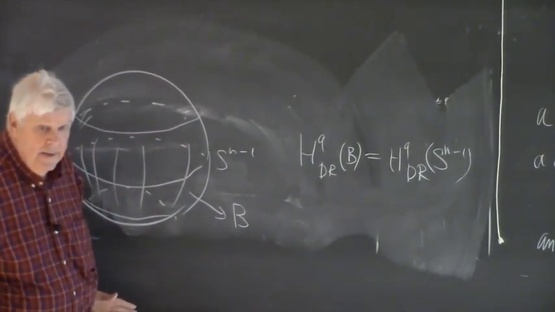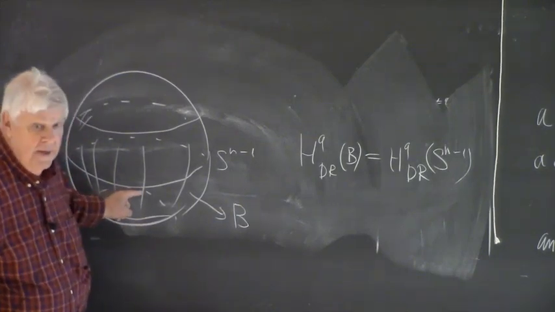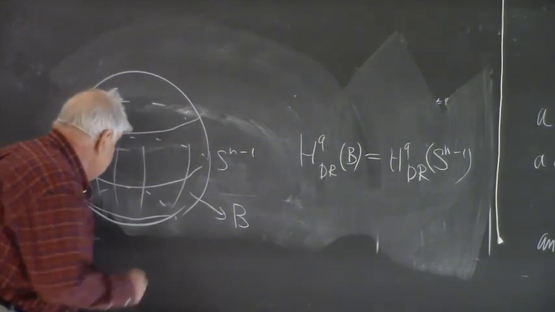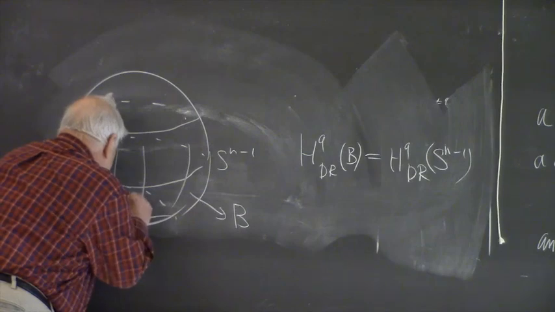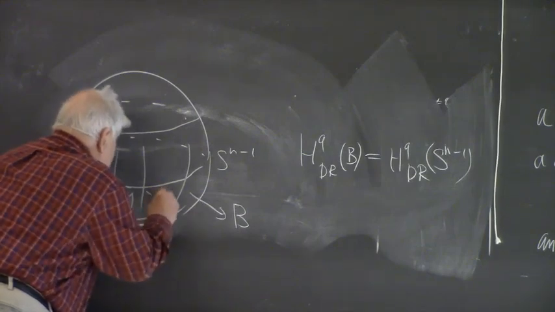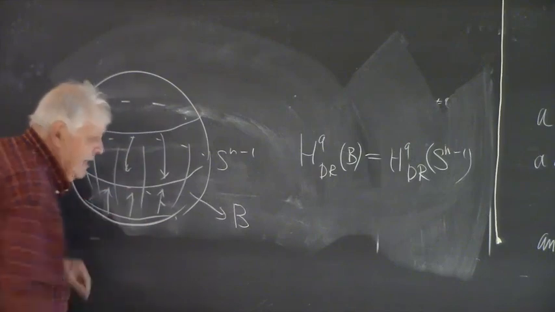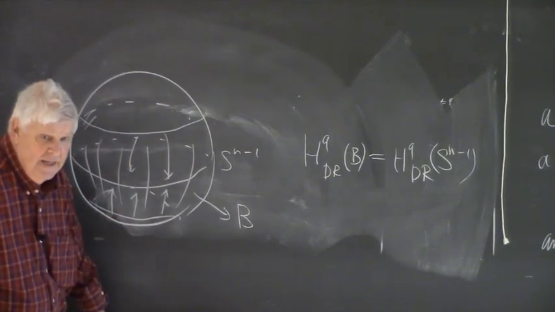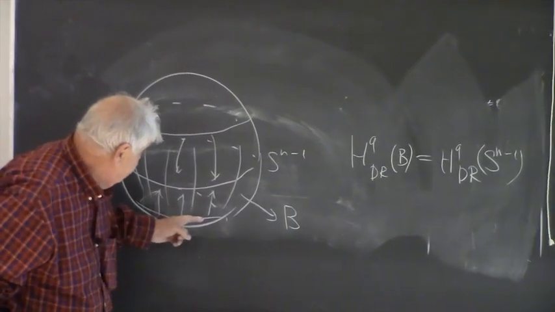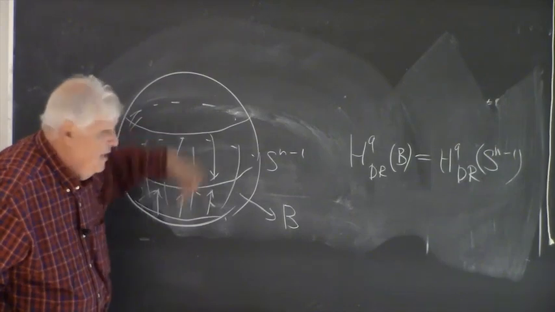This is why. Look at this B. And there is a very obvious projection. This B can be collapsed on the equator. So every point is moving along the meridian.